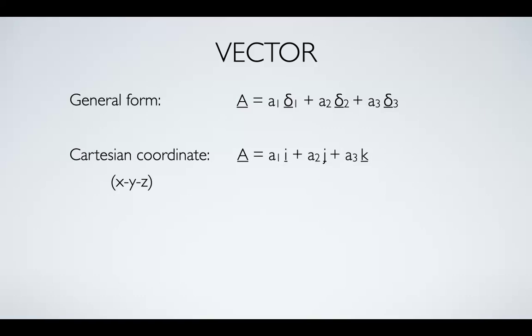So you can see here that A1, A2, and A3 are coefficients, which are scalars because they just have a magnitude, and I don't underline anything.